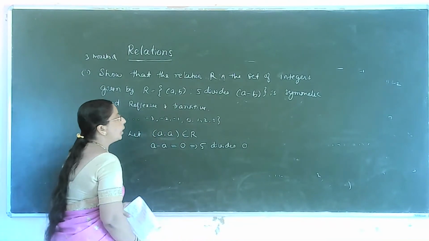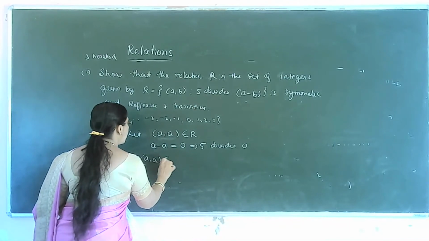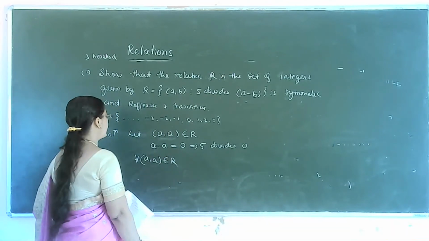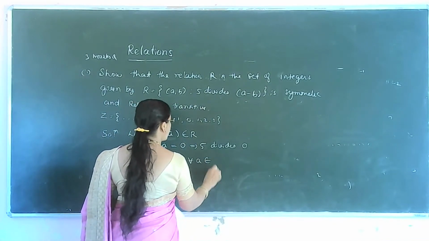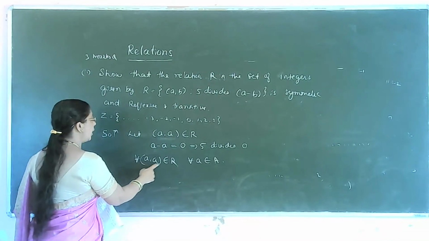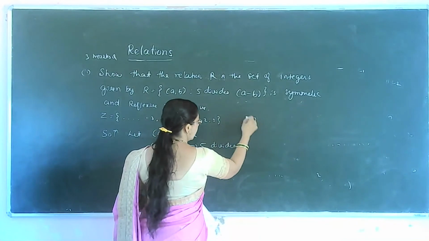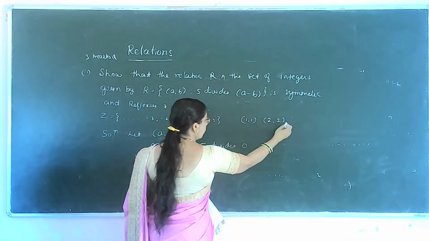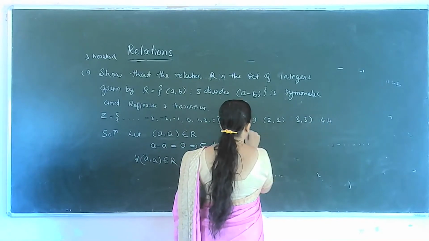Therefore, (a,a) belongs to R for all a belonging to A. Here (1,1), (2,2), (3,3), (4,4), and so on.